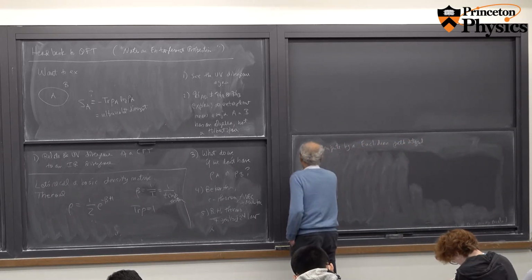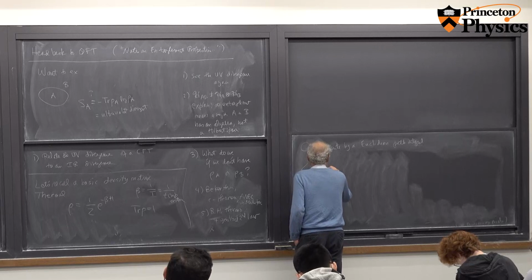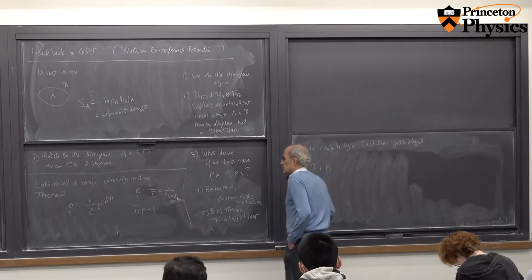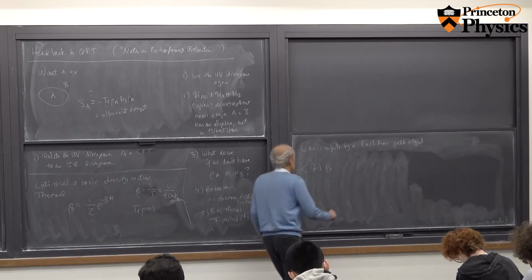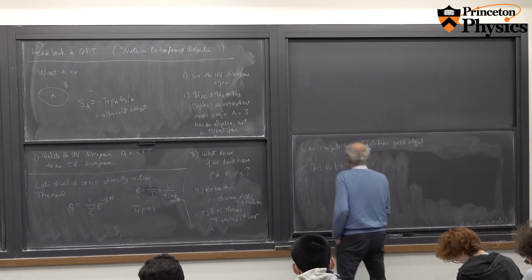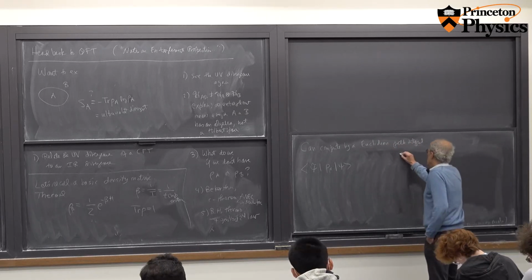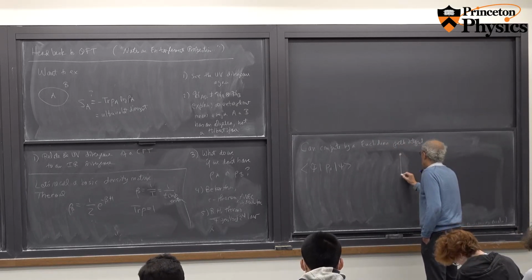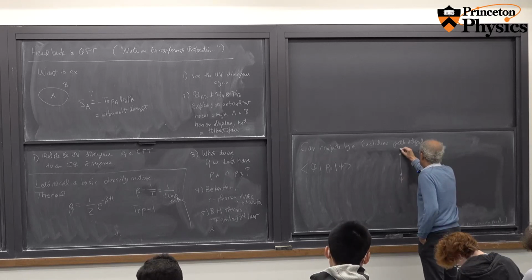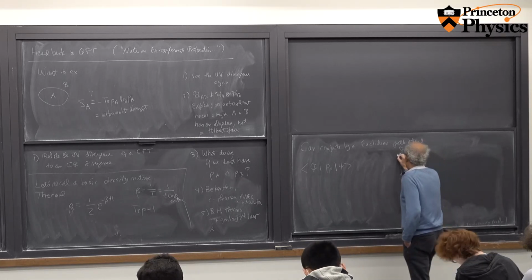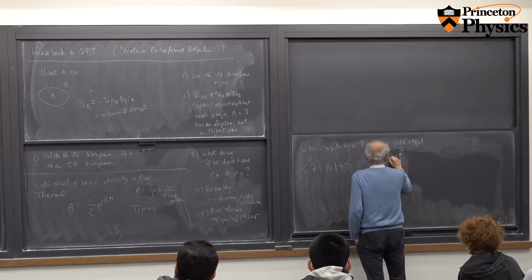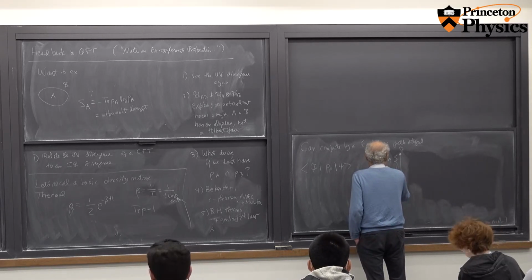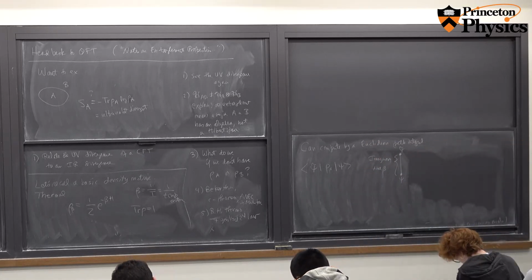Suppose we want the matrix element of rho beta, I'll call it, between an initial state psi and a final state psi tilde. Well, we could represent that by a Euclidean path integral with imaginary time beta and initial and final state psi and psi tilde at the two ends of the interval.